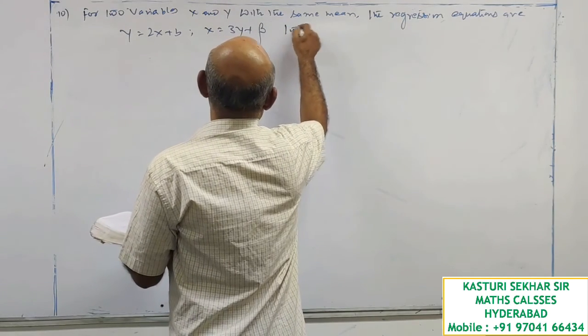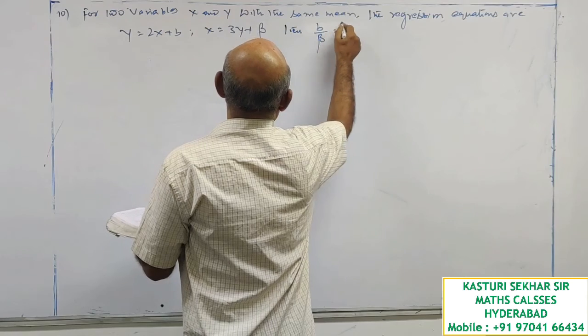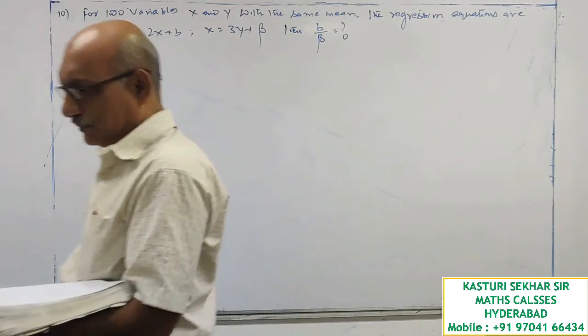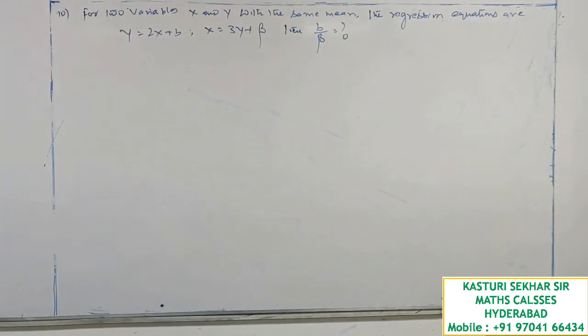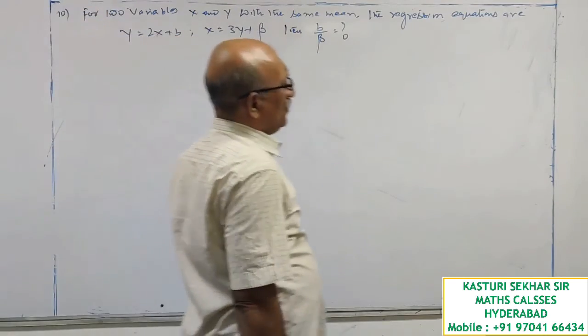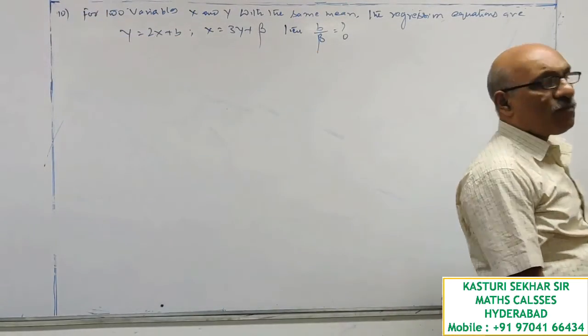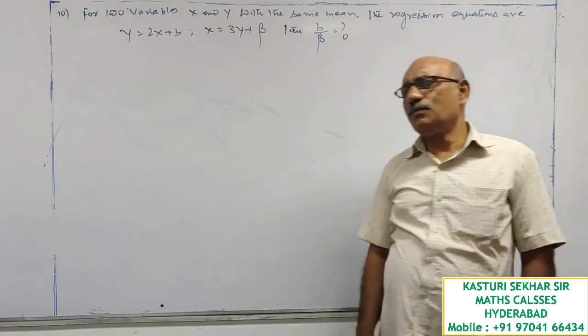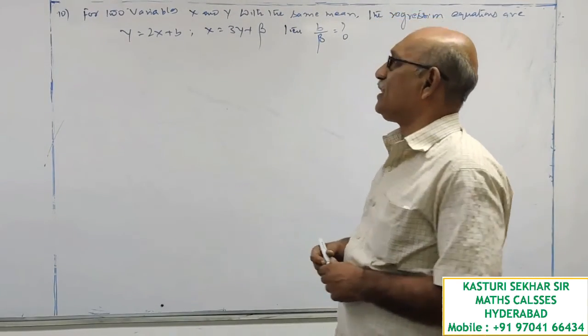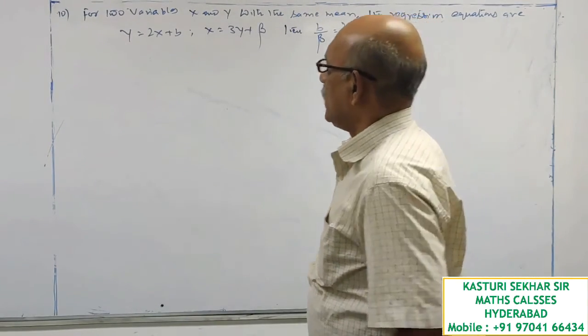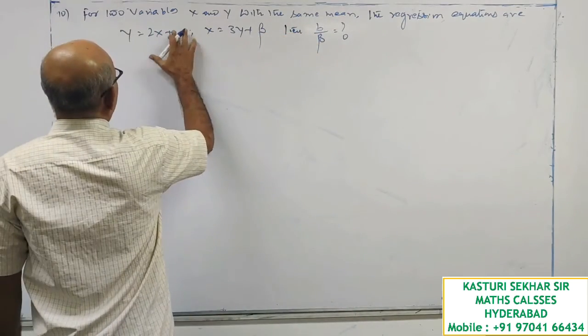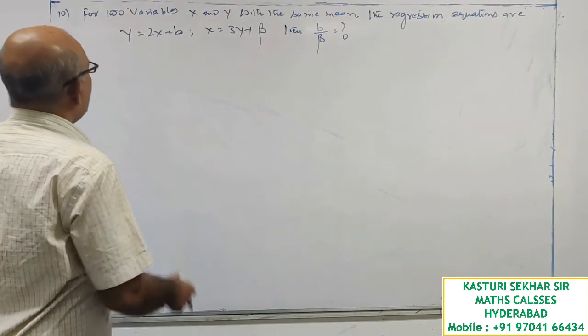Then b by beta is equal to question mark. This is my question. What is given in the question? The two regression lines are given and they have the same mean value.